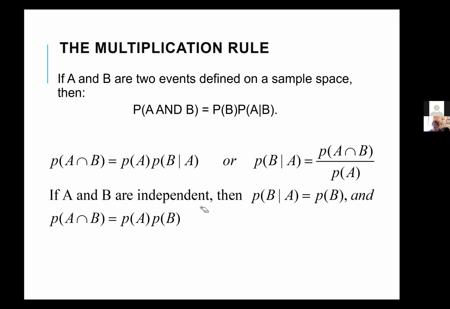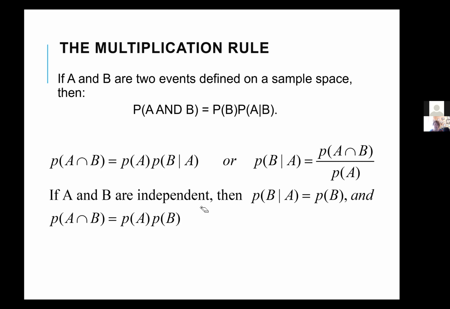So if you run an experiment and A and B are 2 events defined on my sample space, then by Bayes' theorem, the probability of A and B occurring is the probability of B occurring times the probability that A occurs given that B has already occurred.